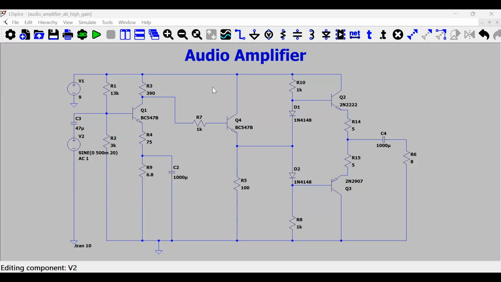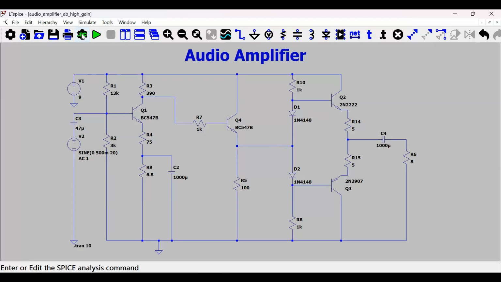So this is modeled as a sine wave source. Then the input is coupled to the base of the common emitter stage of the amplifier, the output of the common emitter stage is coupled to an emitter follower, and finally we have a class AB driver. So the output of the class AB driver is connected to the speaker, which is modeled as an 8 ohm resistance.